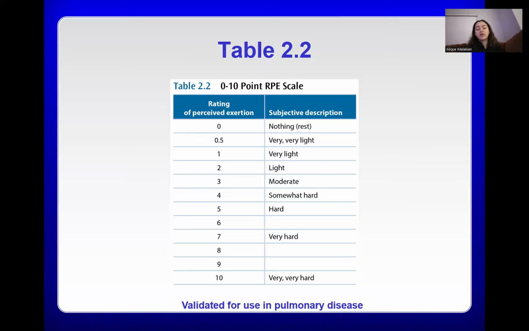This scale has been validated for use in pulmonary disease populations, and that's why the book recommends it. It's a pretty good one to use for chronic conditions, but we'll talk about this again soon. One thing I want to note here, in relation to the METs that we talked about, is that 5 hard should be relatively close to the ventilatory threshold. That's just a way to interpret the scale.